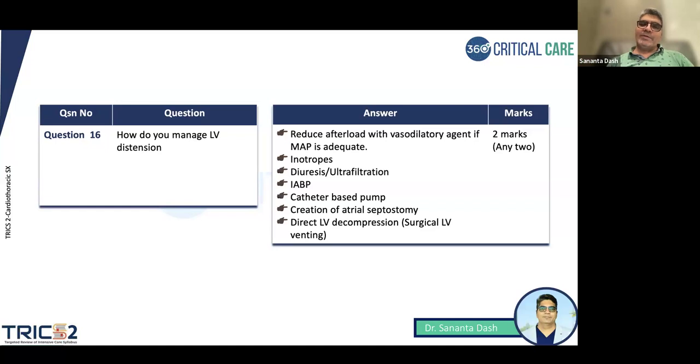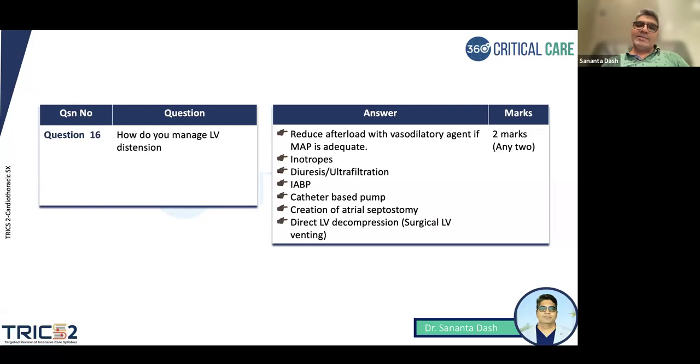So the first principle is to reduce afterload with vasodilatory agents if the MAP is adequate. Usually not the first, but some centers use the vasodilatory sotalol or some sort of beta blocker if the MAP is adequate. You can increase the inotropy by dialing up the inotrope requirement. You can diurese the patient or ultrafiltrate the patient with a CVVH, or you can put an IABP, right?